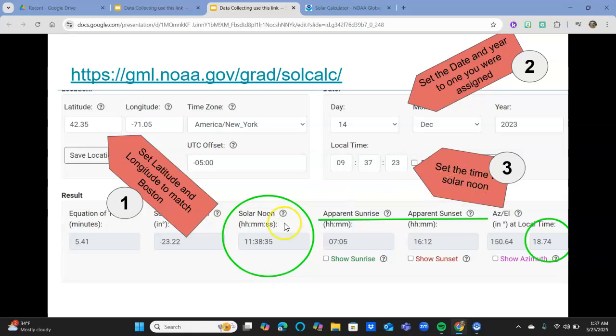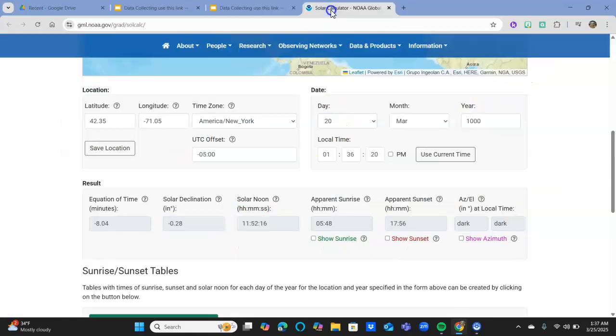What does that mean? It means take this time and make it here. Okay. So this is the time, 11:52:16. What does that mean? That means that that's the time the sun is highest in the sky. Okay, that's solar noon. It's just off of noon, but 11:52:16. Okay.